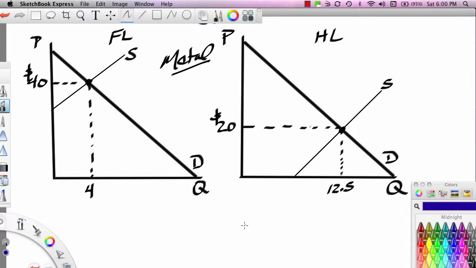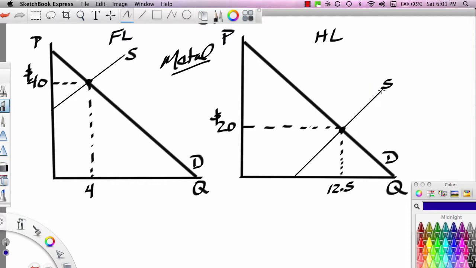We're assuming that flatland is the importer, and we can tell that because the supply curve is way over to the left. It is a high-cost, low-tech producer of metal, and we assume the price of metal is relatively high in flatland, $40, and that the production rate is relatively low, only 4 million tons of metal.